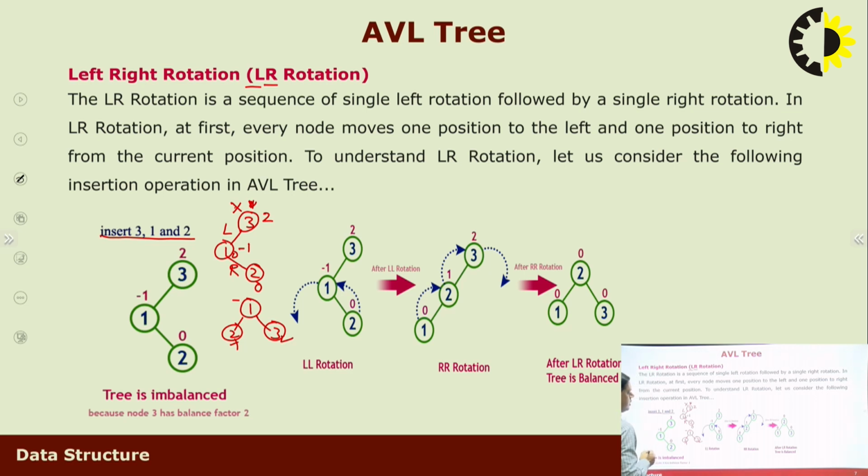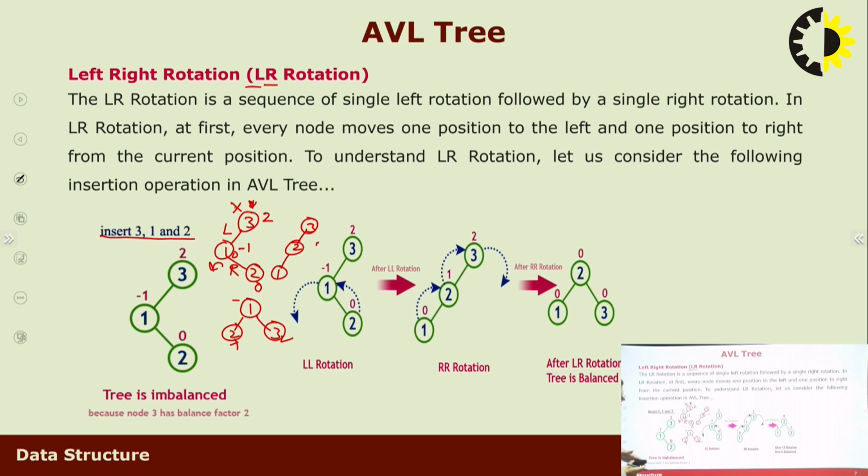Now in this case, first of all, we will apply the left rotation, and the left rotation will be applied at the node below the unbalanced node. If we are applying the left rotation first, then it will be like this: 3, 2 and 1.